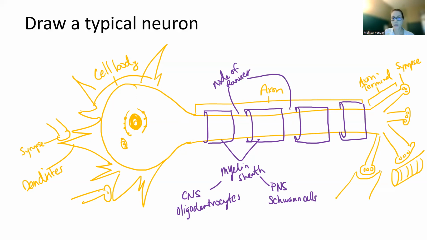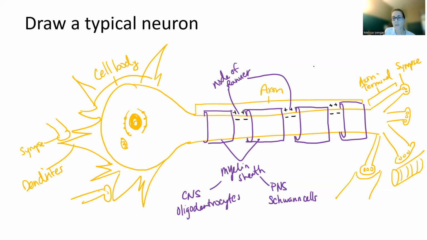So we set up our typical neuron. The only other thing I'm going to set up before I get started with the physiology part is I want you to start thinking about, if this neuron is at rest, what's happening at the axon, because everything we're going to talk about going forward is what's happening at the axon. We want to understand that at rest, the inside of the axon is going to be negatively charged, and the outside is going to be positively charged.